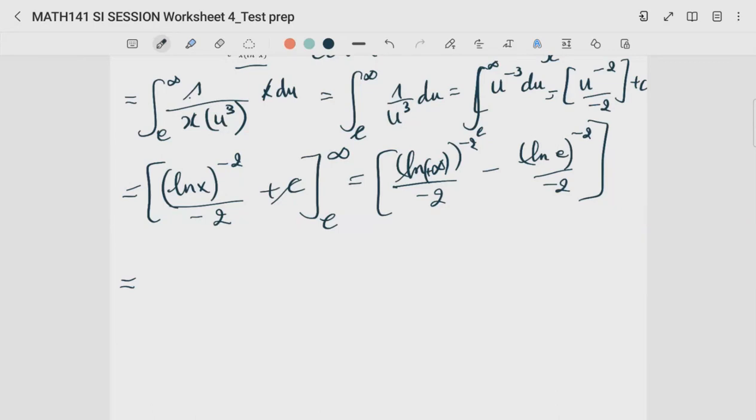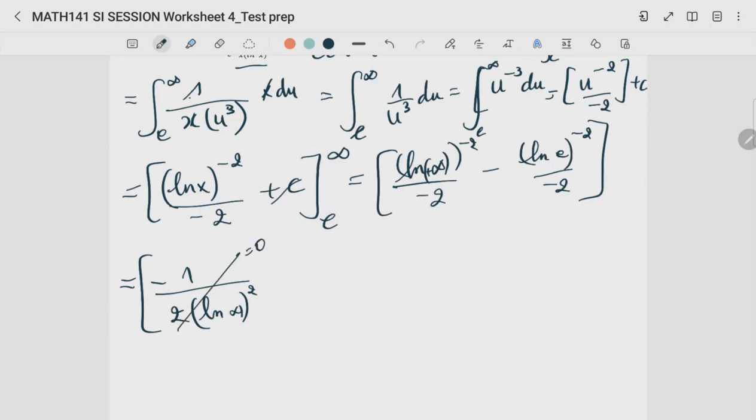And remember that the exponent here is negative 2. So this can be simplified further to negative 1 over 2, multiplied by ln of infinity squared. And ln of infinity squared is just infinity, so this would be 0.